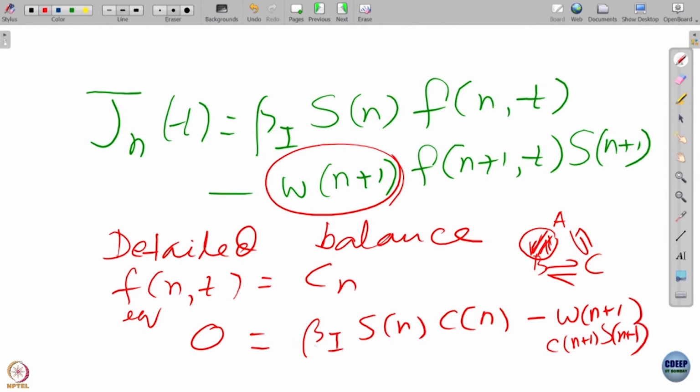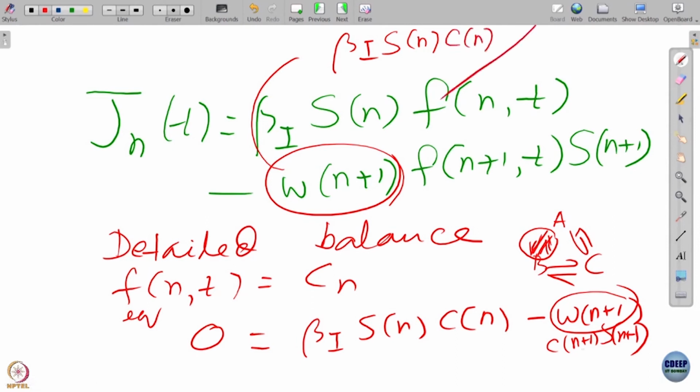That means I get Wn plus 1. Wn plus 1 now becomes equal to beta i Sn Cn divided by Cn plus 1 Sn plus 1. So, by using detail balance, I got an expression for Wn plus 1.